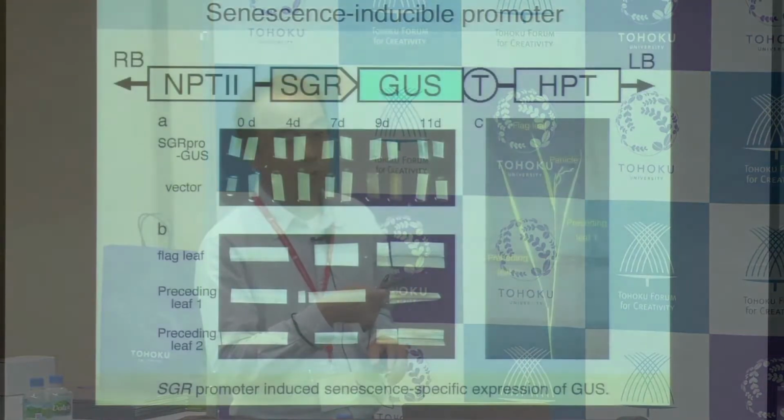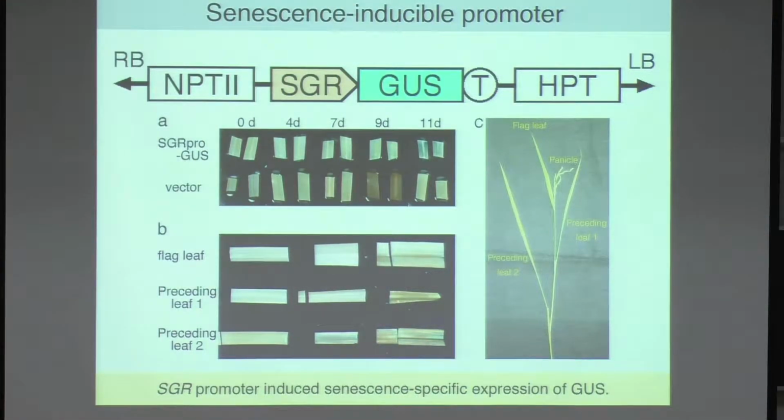So if we express cellulase after completion of morphogenesis, we will never observe a malformed panicle. After the completion of morphogenesis, the cellulase cannot affect the morphology of the panicle. So we used this SGR promoter, which will be induced by senescence.